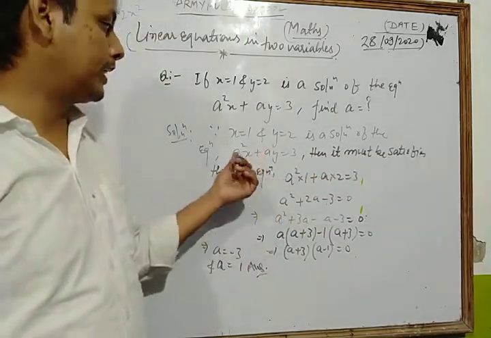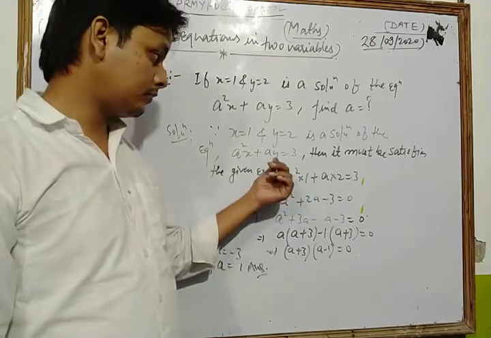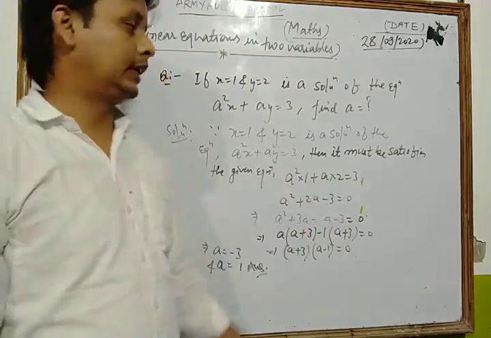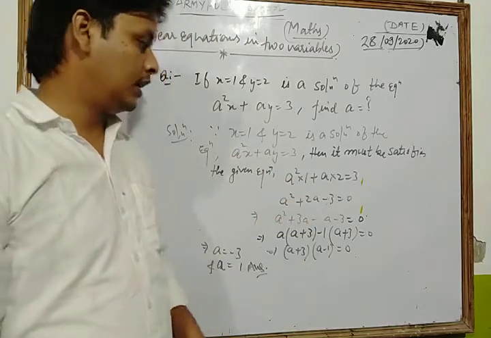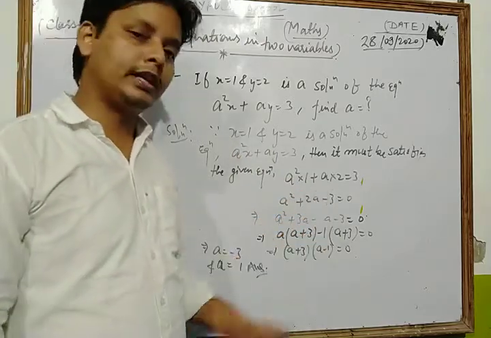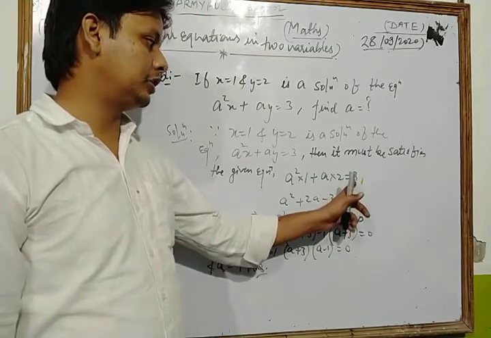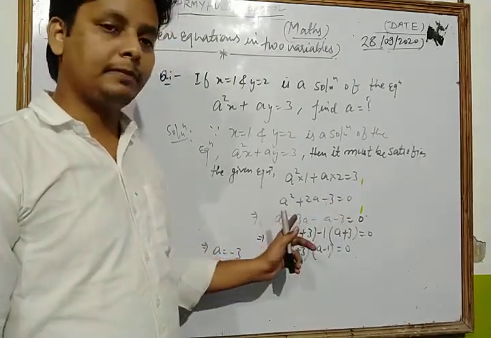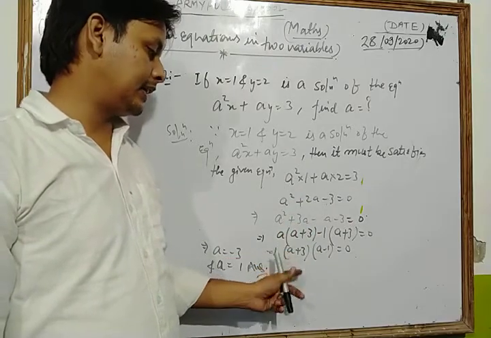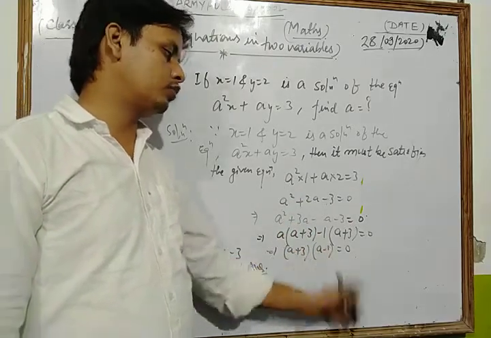So we put x is equal to 1 and y is equal to 2 in the LHS. So we get a square into 1 as a square, a into 2 as 2a, and 3 we transfer to that side, so we get minus 3 is equal to 0. Now after factorizing, we get a plus 3 into a minus 1 is equal to 0.